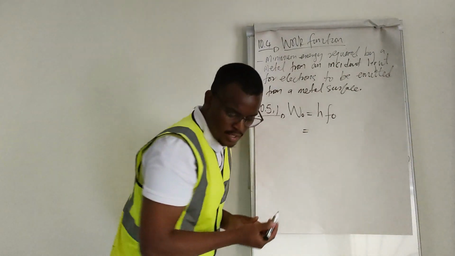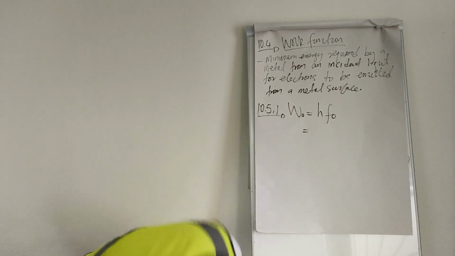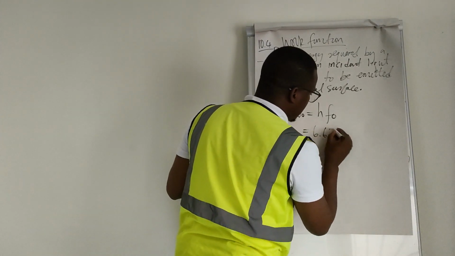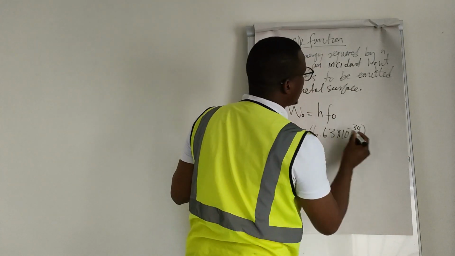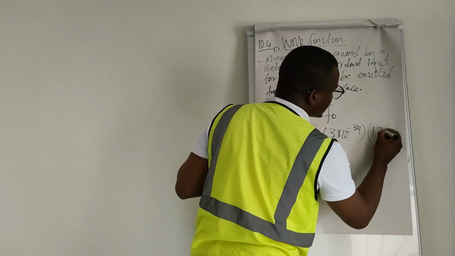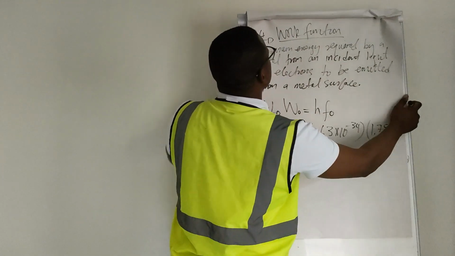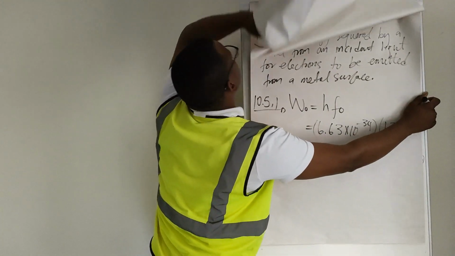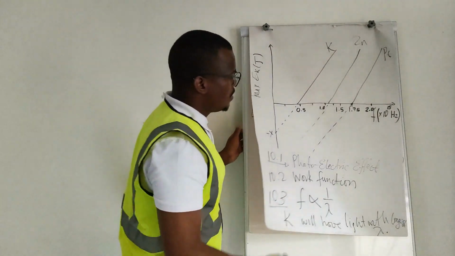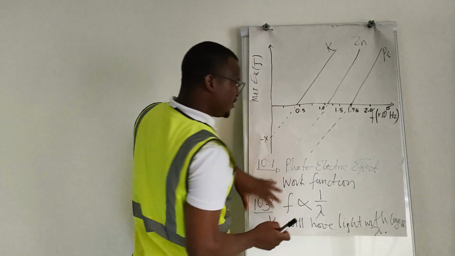Your h is Planck's constant, which is 6.63 times 10 to the minus 34, times your threshold frequency, which is 1.75 times 10 to the power 15.